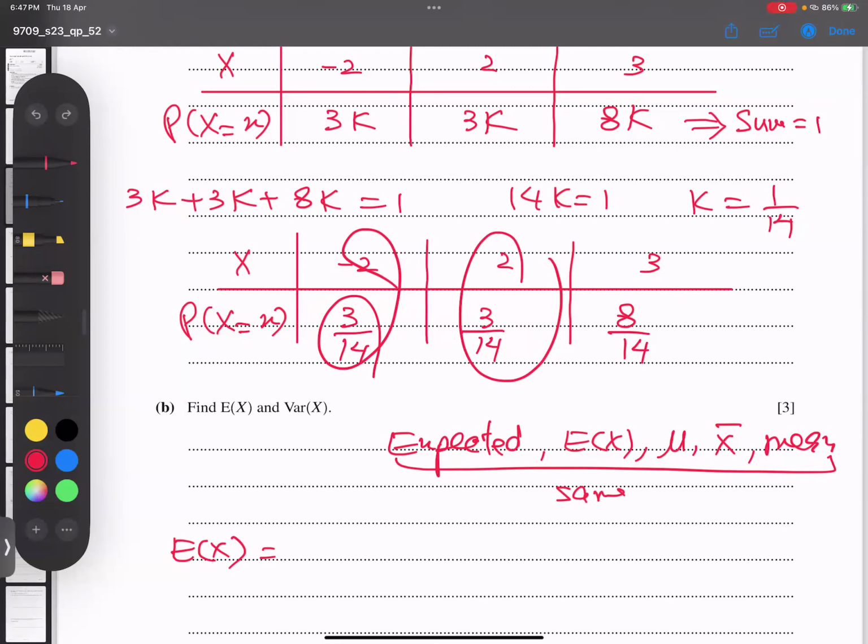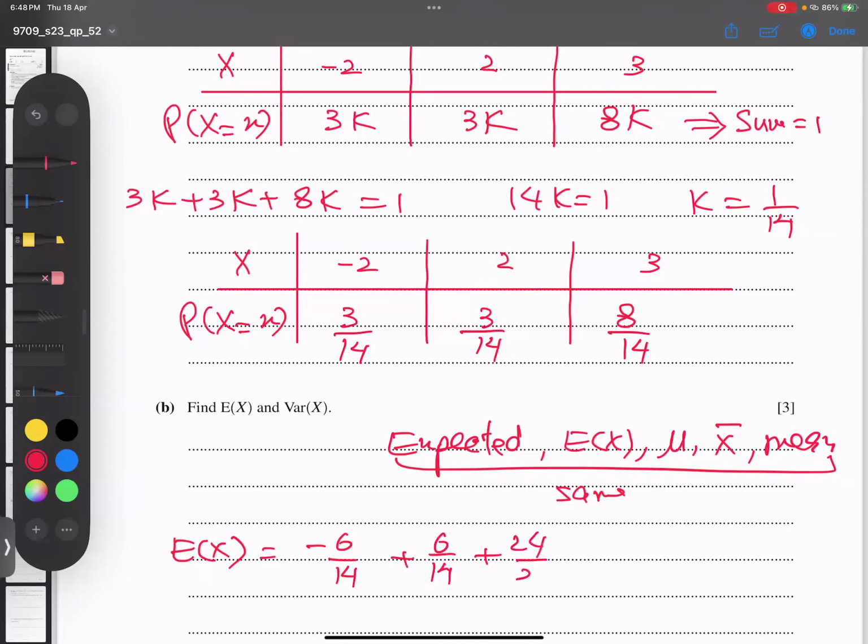So if we multiply and add them, what do I get? Negative 2 times 3, okay, I'm multiplying directly. So this multiplication gives negative 6 over 14. Then 2 times 3 is 6 over 14. And 3 times 8 is 24 over 14.